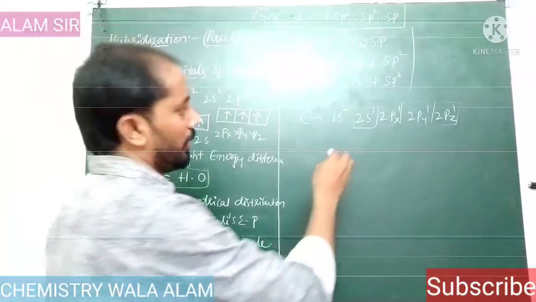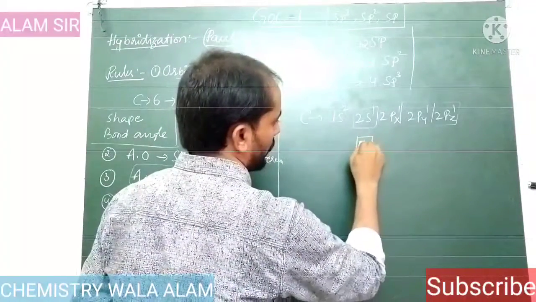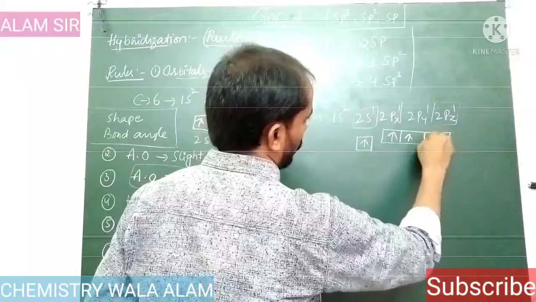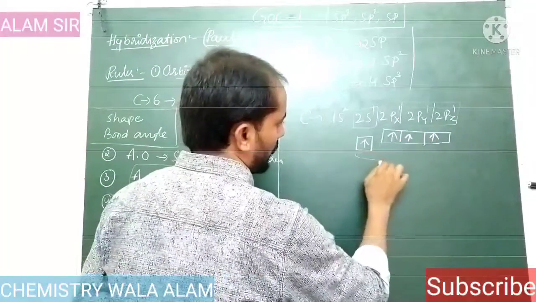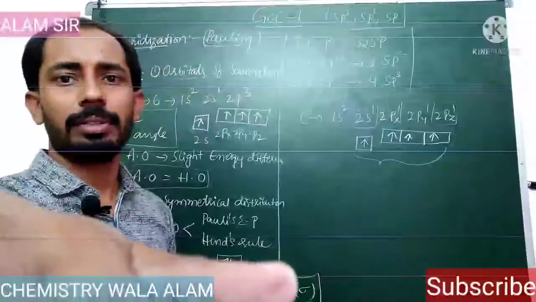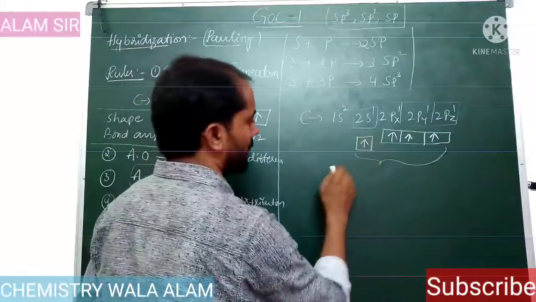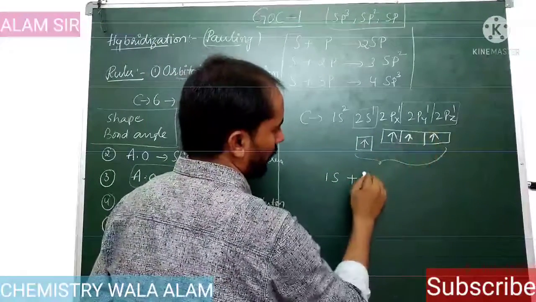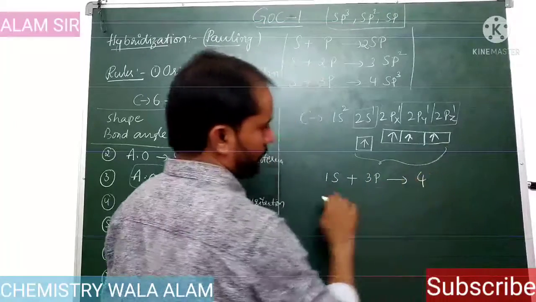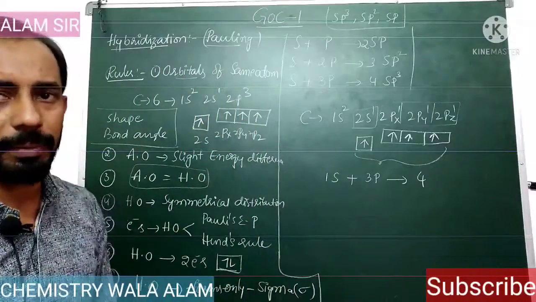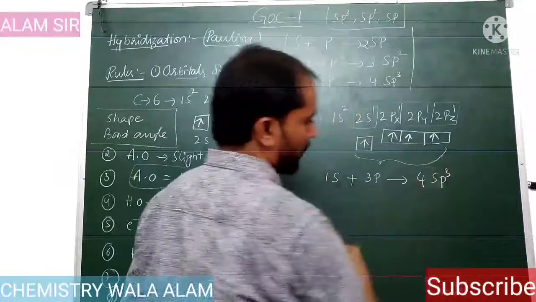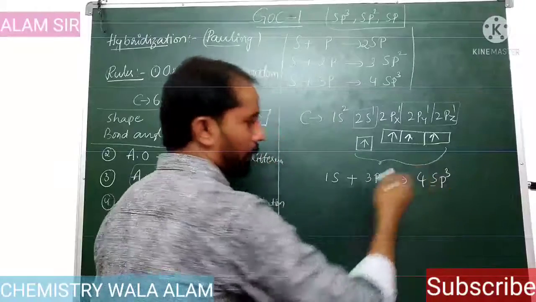If 2s, 2px, 2py, 2pz all undergo hybridization, then 1 s orbital plus 3 p orbitals gives a total of 4. The number of atomic orbitals equals the number of hybrid orbitals. So 1 s orbital and 3 p orbitals give 4 sp3, because there is only 1 s and 3 p.